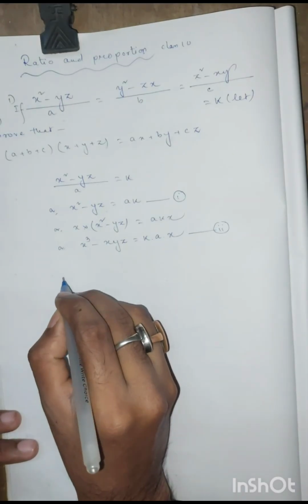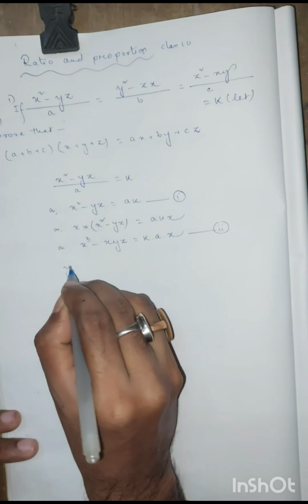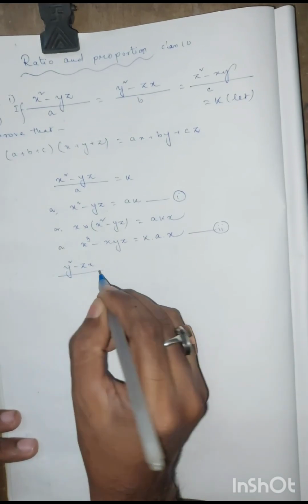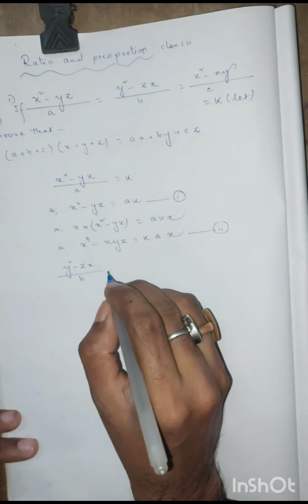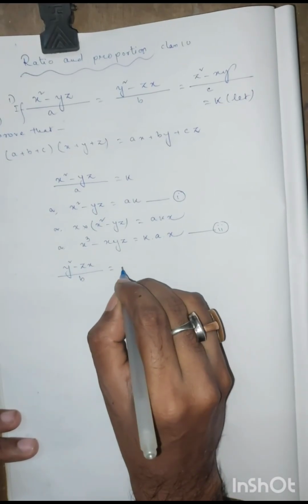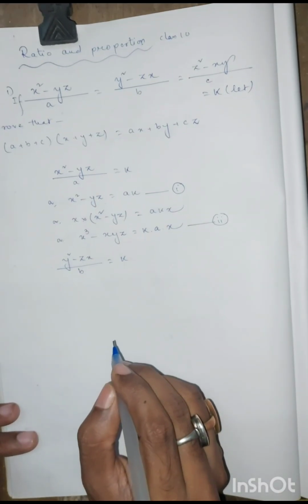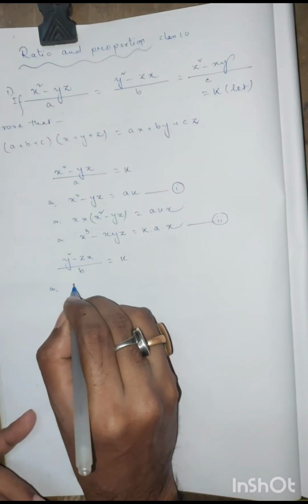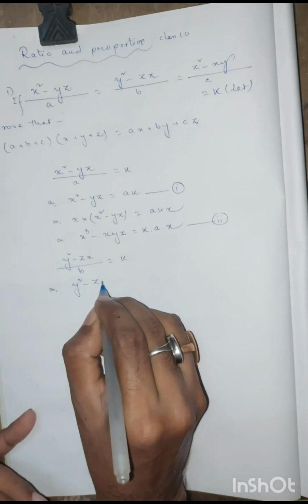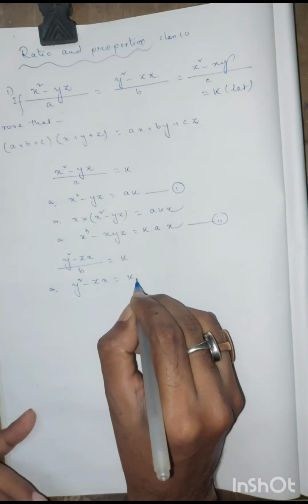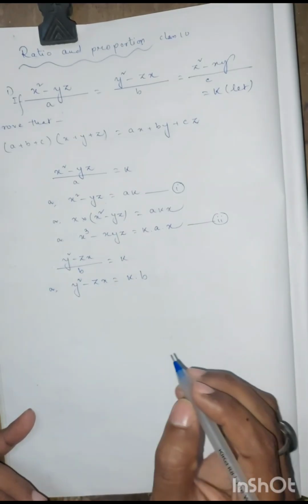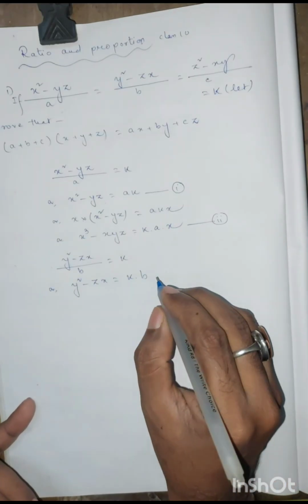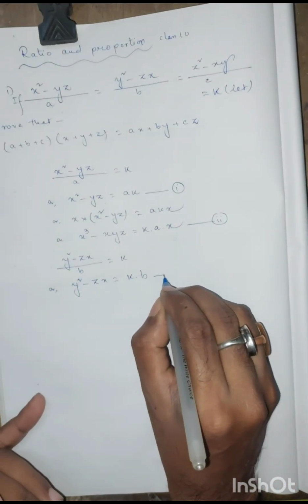Again we can write (y square minus zx) by b equal to k, or we can write y square minus zx should be equal to k into b. Let us name it equation number 3.